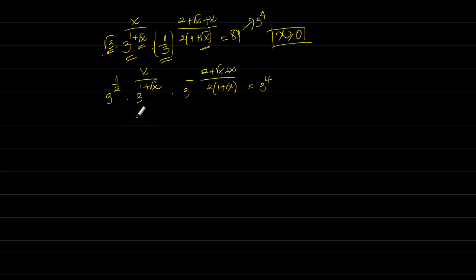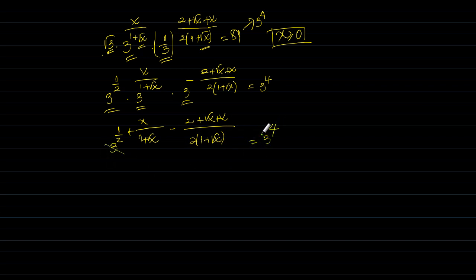Now, these bases are the same, so we keep the base and we add the exponents. So we have 1 over 2 plus x over 1 plus square root of x, minus 2 plus square root of x plus x over 2 times 1 plus square root of x, and this is going to be 3 to the power 4.